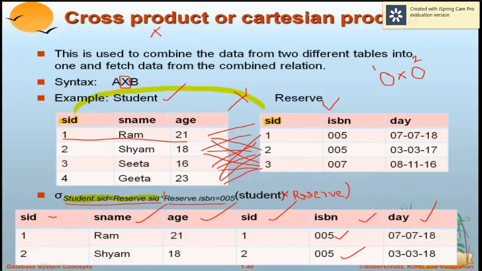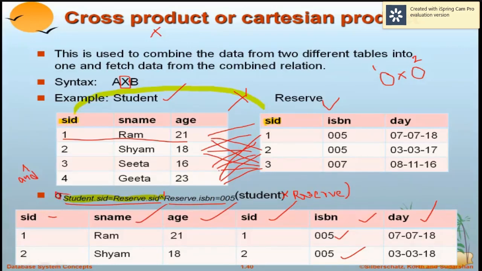And what is this operator here? The small inverted V operator is nothing but the representation of AND, A N D, because you have two conditions that are mentioned here. So you have to join both the conditions using the AND operator. And what is the sigma?